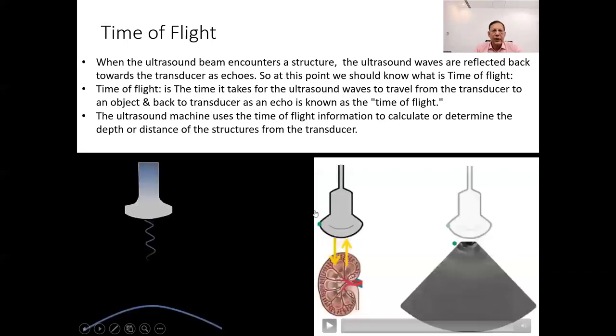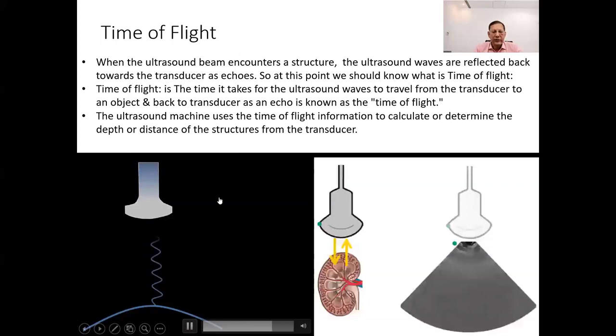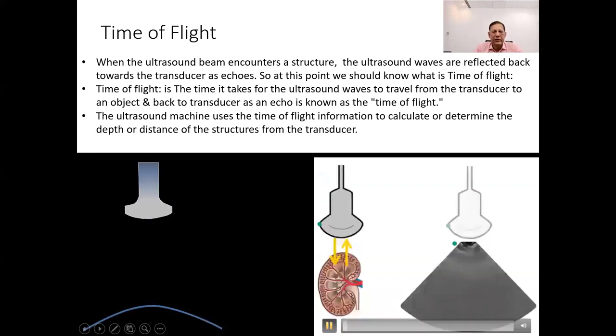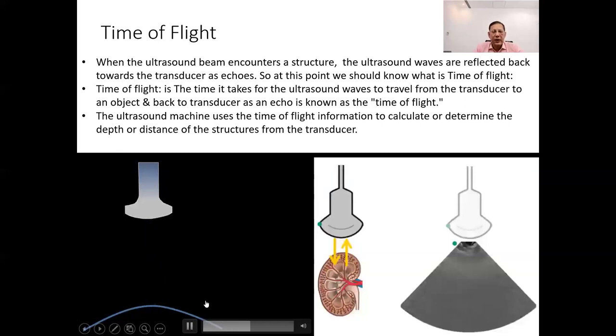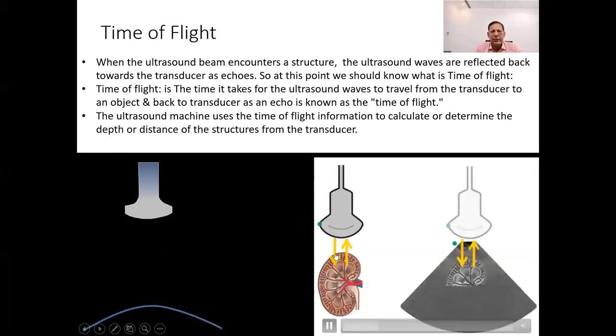The ultrasound machine emits short bursts or pulses of ultrasound waves through the transducer into the body. These ultrasound waves travel through the body, passing through different tissues and organs, and as the ultrasound waves encounter a boundary or structure, such as an organ or tissue interface, some of the waves are reflected back towards the transducer as echoes, carrying information about the structures they encountered.